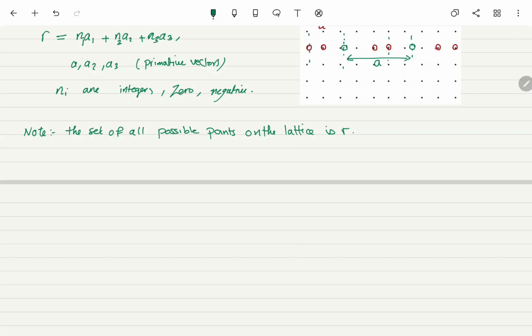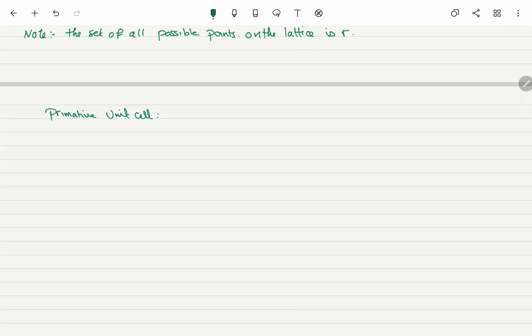Now, before defining a basis, we must define the primitive unit cell. Now consider that we have a cubic system, just like this one here. Now this is A1, and this is A2, and this is A3.